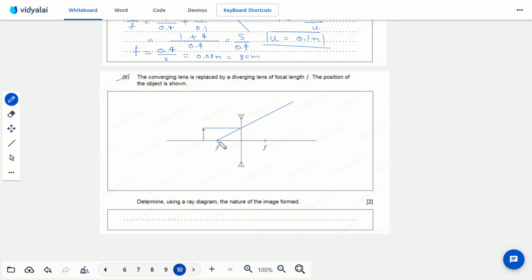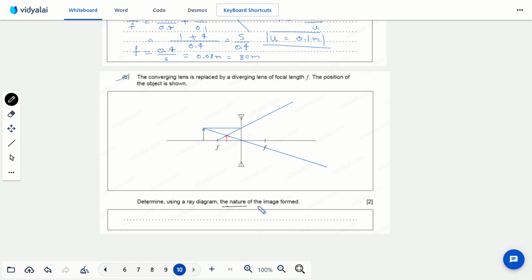And the second ray can be drawn so that it passes through the middle of this lens, and as we can see, the rays are diverging. And we can also draw an image. Okay, the red arrow is the image of this black arrow, which is already given.